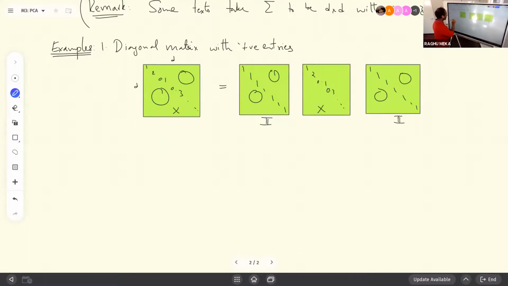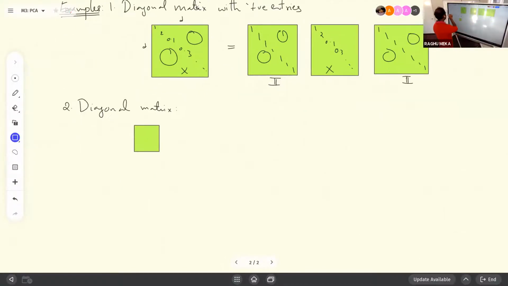Now, how about the case where I have a diagonal matrix, once again, with just a diagonal matrix, meaning I might have some negative entries. So let's take a concrete example, right? So let's say maybe the matrix I'm looking at is 1, 0, 0, minus 1.